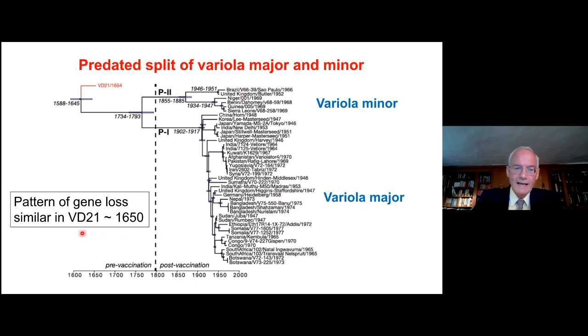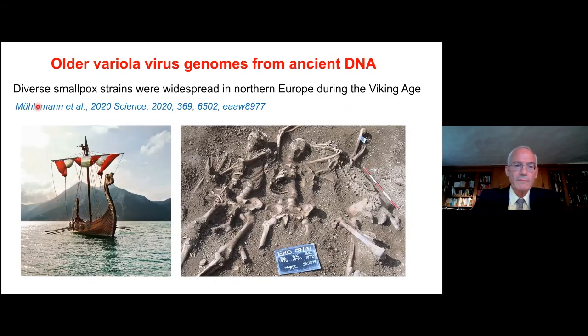But if one looked at the gene pattern of that ancient virus from 350 years ago, it had a very similar pattern of gene loss to the modern variolas. So the gene loss must have occurred even earlier. So when was that? Well, a clue to that came last year when a paper in Science, work from Terry Jones and from Martin Sikora, showed that they could identify variola viruses in bones and teeth from Vikings from many areas in Europe and going back not just hundreds, but thousands of years.